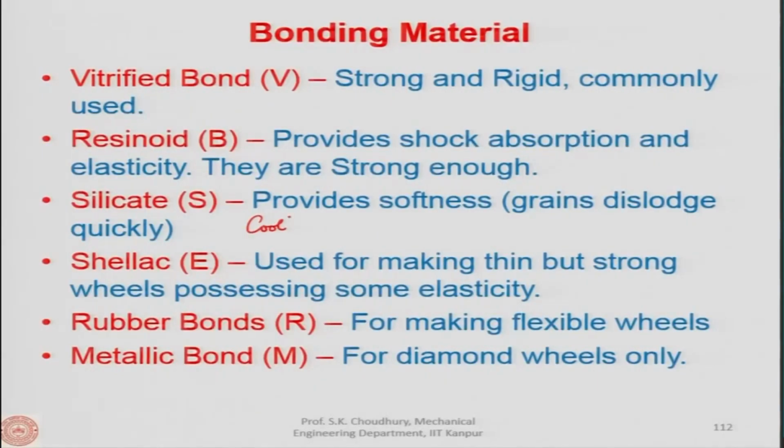So, this kind of bonding materials like silicate are used for the cool operation, so to say. Cool operation means those operations where we do not want high cutting temperature or high heat generated. For example, when we have the turning tool with the cutting insert.